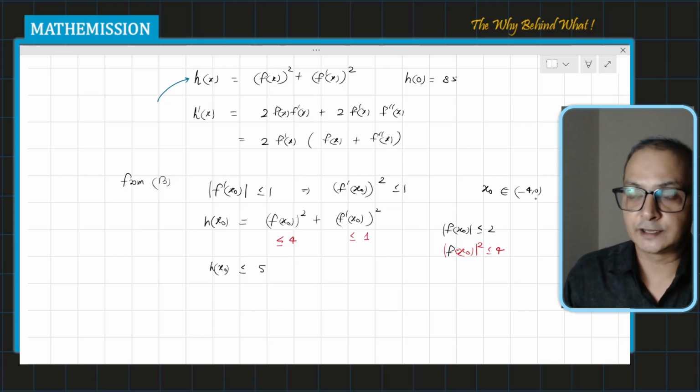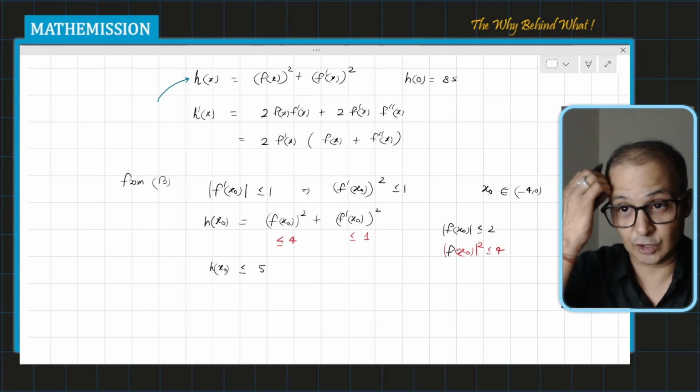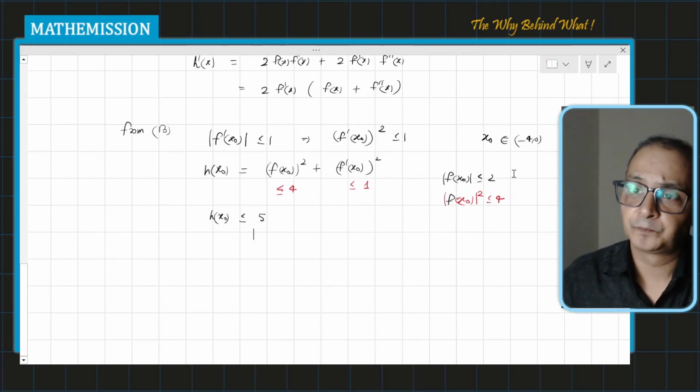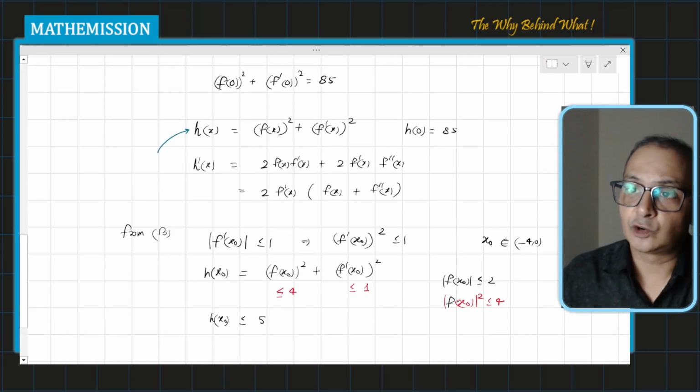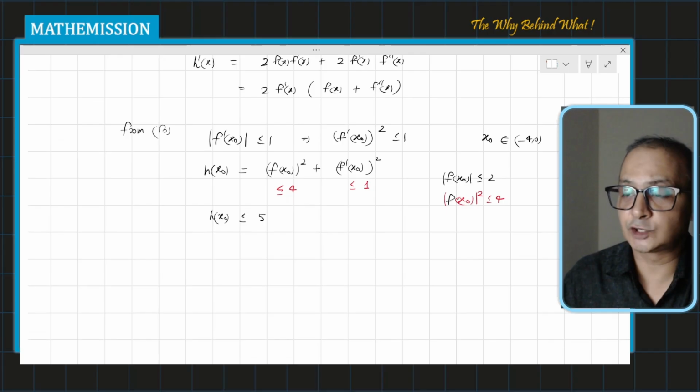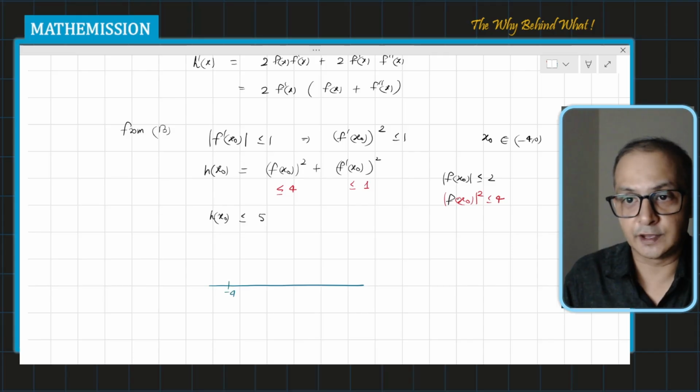So this x naught is lying between -4 and 0, for which h(x naught) is lesser than 5. Now notice one thing. The h(0) is 85, we have already taken, and the function is continuous and differentiable. So between -4 and 0, let's say this is -4 here, this is 0 here.